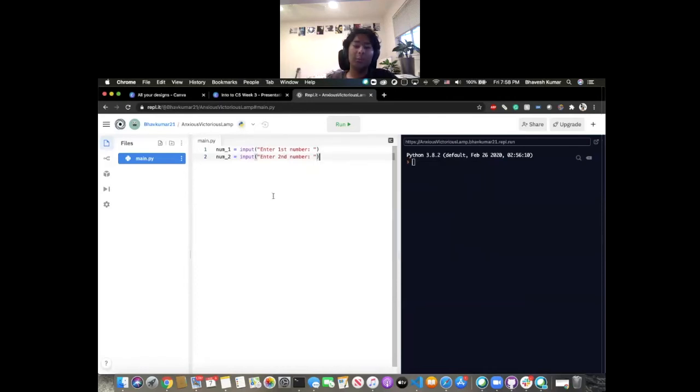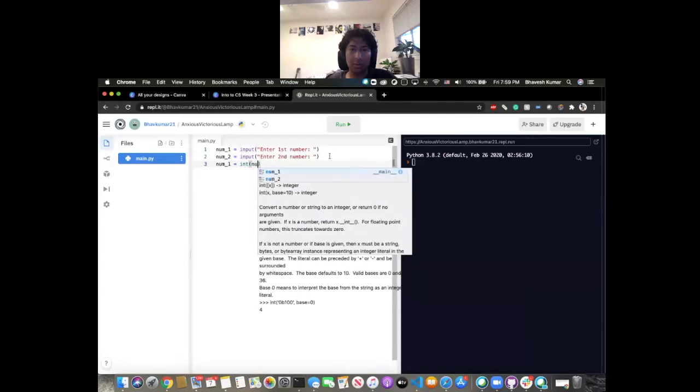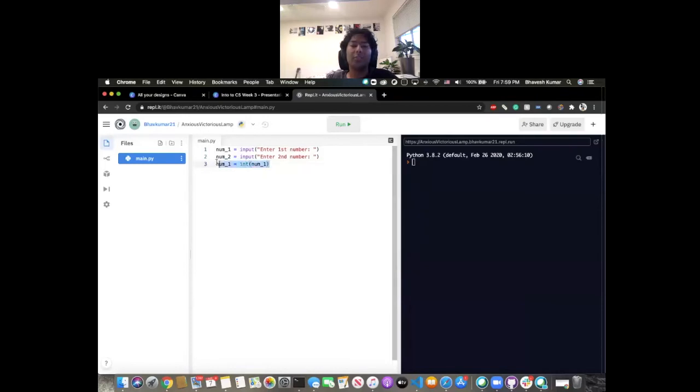Now, as you remember, we also need to cast these. And now there are two ways to do this. The first is you could take num1 equals int and cast them with 2 extra lines of code where I would write num1. Or I could do something where this casting is overlapping the input function itself.